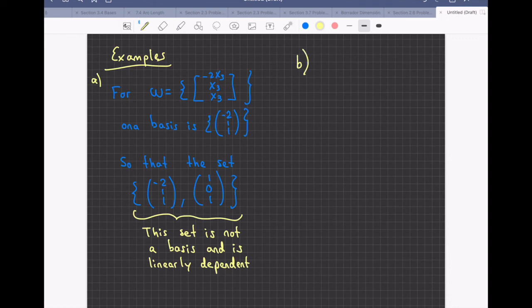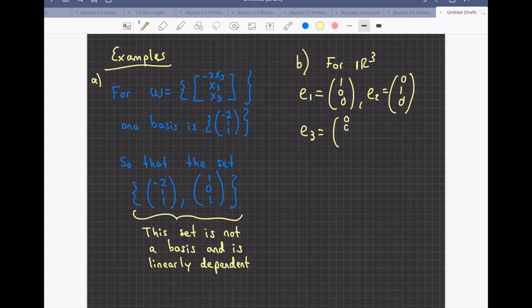Part B, for R3, remember, the standard canonical basis, e1 = (1, 0, 0), e2 = (0, 1, 0), and e3 = (0, 0, 1).